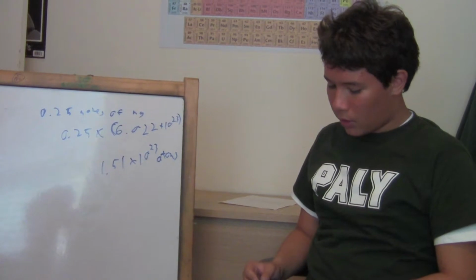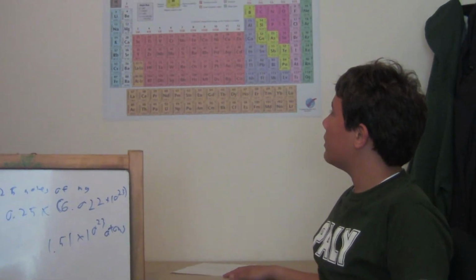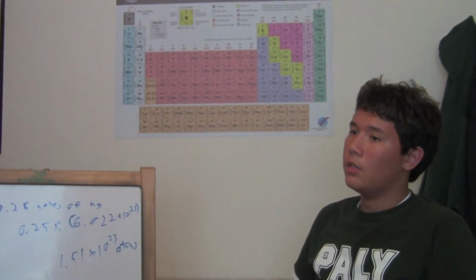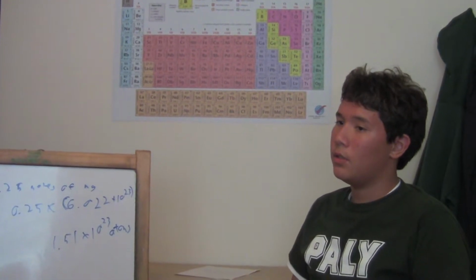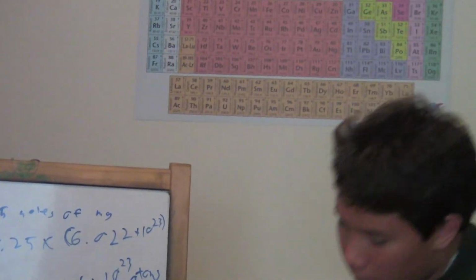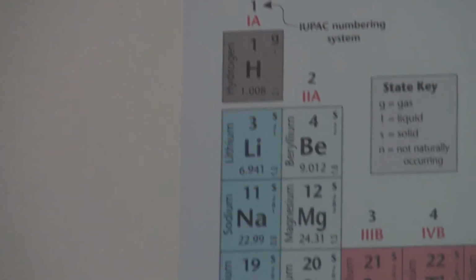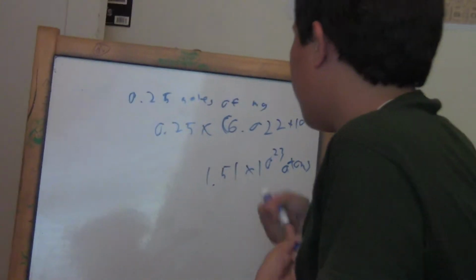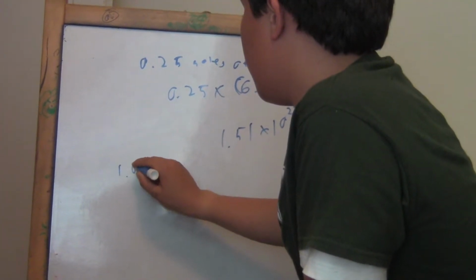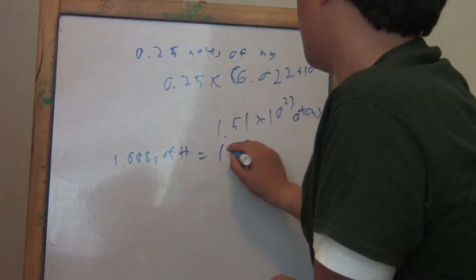Which actually I should also mention right now is that their atomic mass also relates to the amount of moles. For example, 1.008 atomic mass units of hydrogen can also be translated into 1.008 grams of hydrogen. Just saying. This is equal to 1 mole of hydrogen.